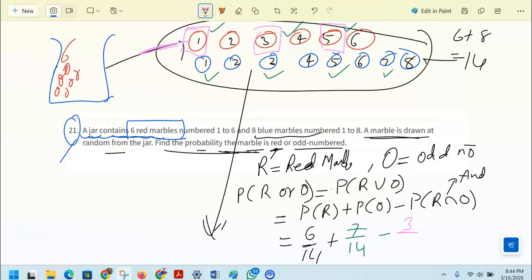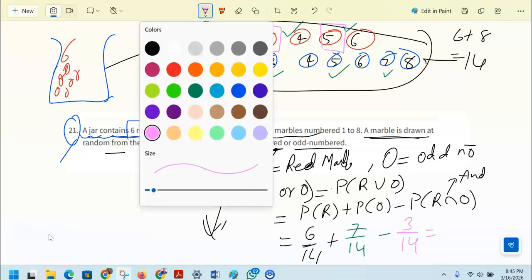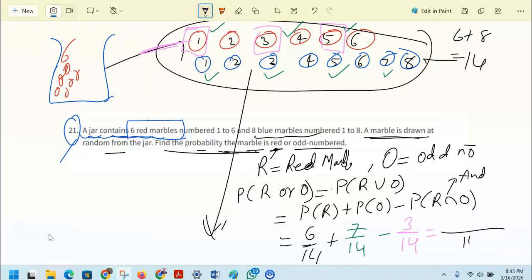Out of 14. That means there's a common denominator of 14, and we just write down the numerators as they are, and you end up getting 5 divided by 7.